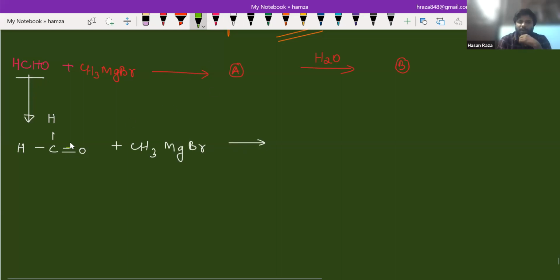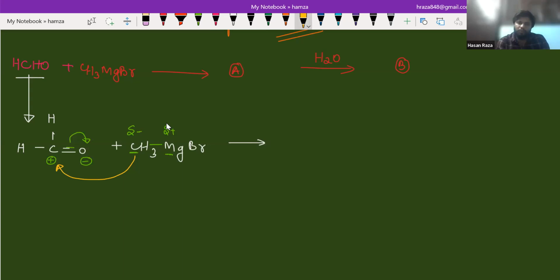As you know that oxygen is a more electronegative element, it will withdraw electrons from carbon, and it will have negative charge. This will have positive charge. Now you also know that this carbon is more electronegative than magnesium, so this will have delta negative, this will have delta positive. This negative will go to this positive and this positive will go to this negative.